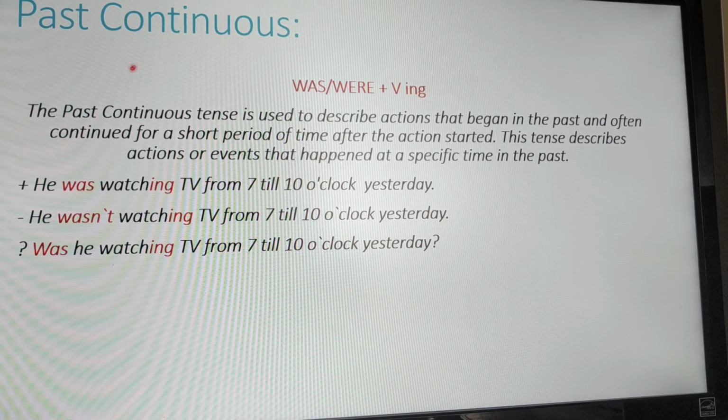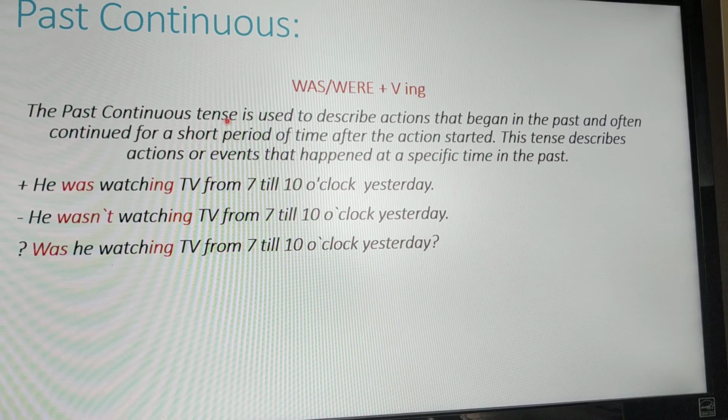Как формируется past continuous? С помощью вспомогательного глагола was, were, это один глагол для единственного и множественного числа, его изначальная форма to be, плюс глагол с окончанием ing. Was мы ставим для я, он, она, оно, were мы, вы, они.